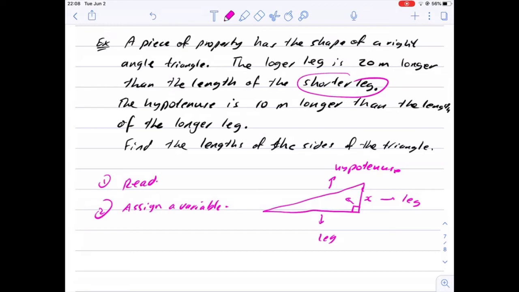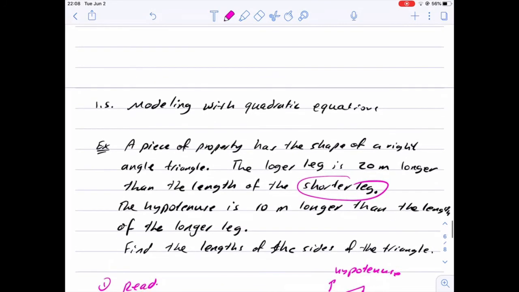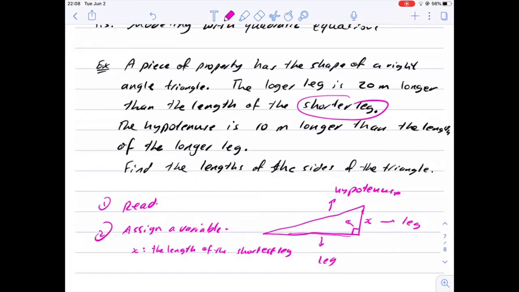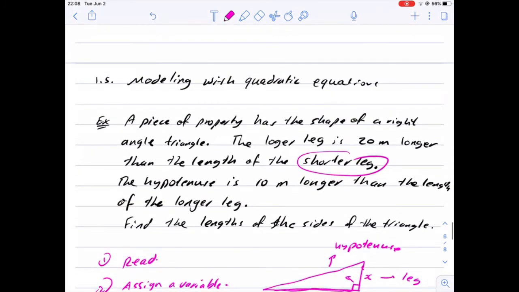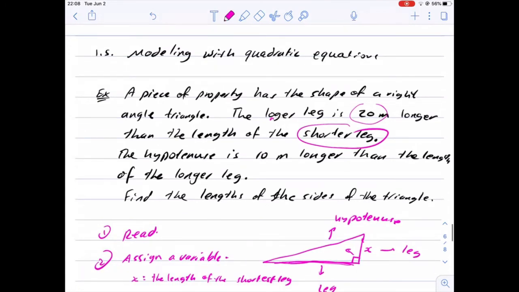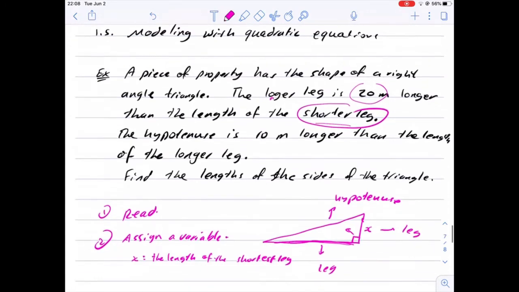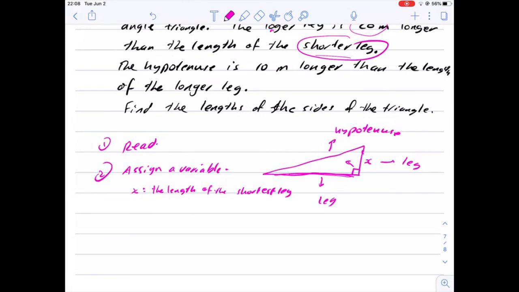So if we consider the length of the shortest leg as x, then we have the longer side, which is here. The longer leg is 20 meters longer than the length of the shorter leg.